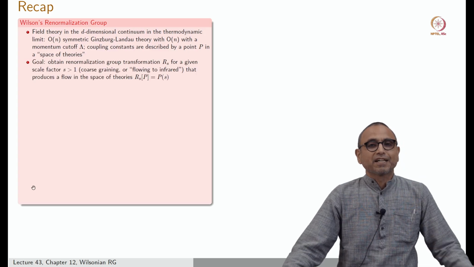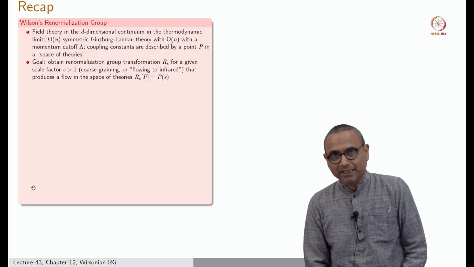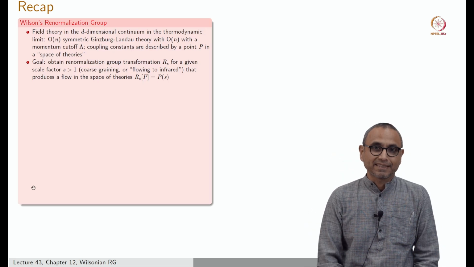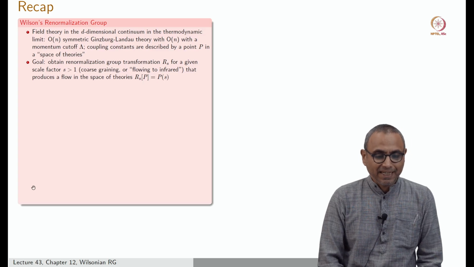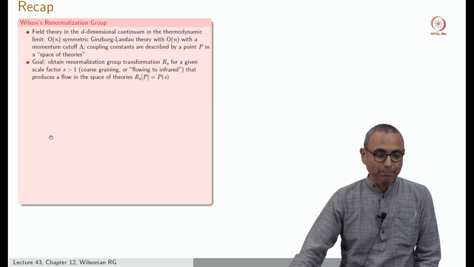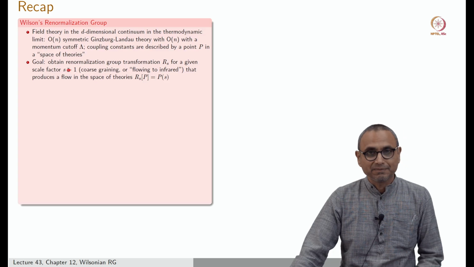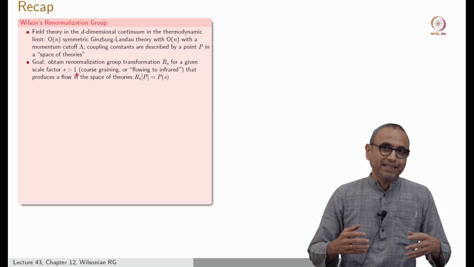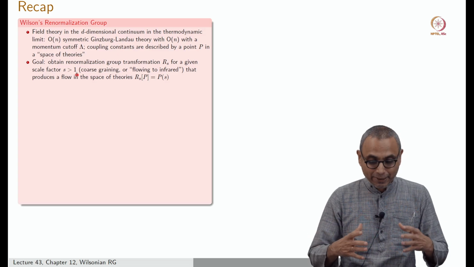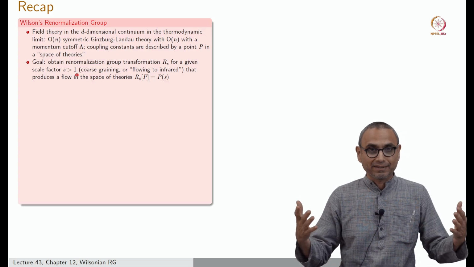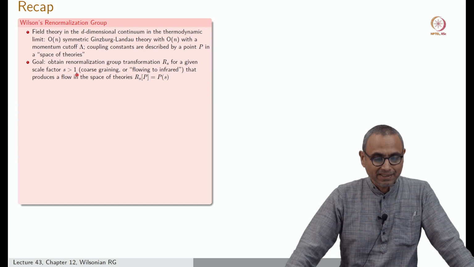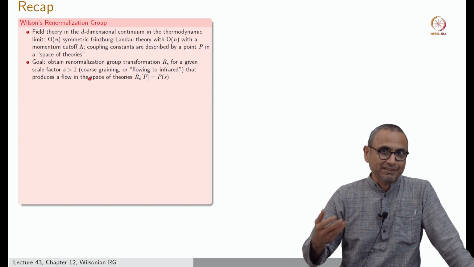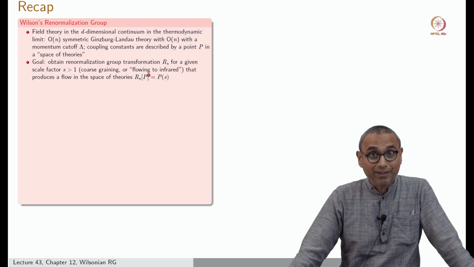So the goal of the renormalization group formulation would be to try to implement the notion of a scale transformation, and the scale transformation is described by a real number s, which is typically greater than 1. What we do here is we try to coarse grain, that is we try to look at the system on longer, larger scales, and basically we are trying to find out what are the infrared properties of the theory, or properties of the theory at very low energies.